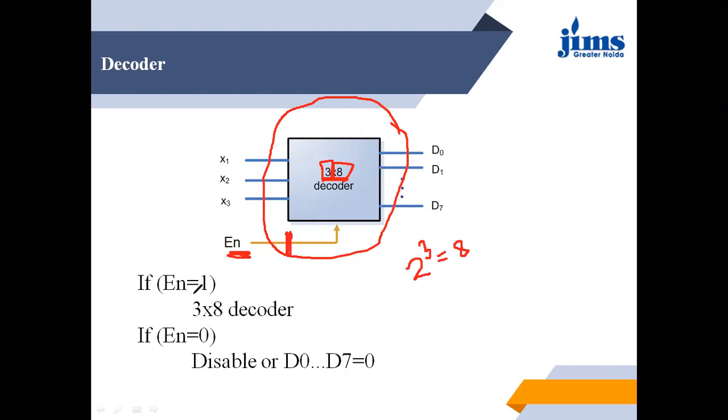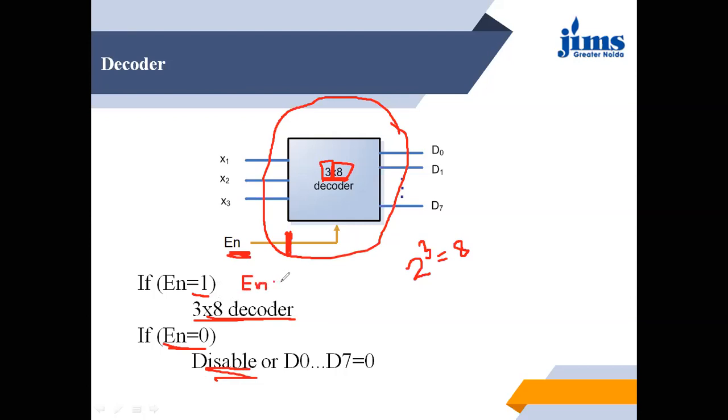When the value of this is 1, it will work as a 3 to 8 decoder. But when enable is 0, then in that case it is disabled. It means we can also change the values of enable from 0 to 1. It can be the case that when it is working as a decoder, the value of enable is 0.